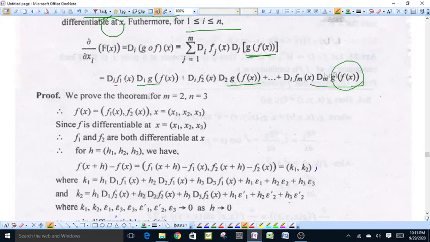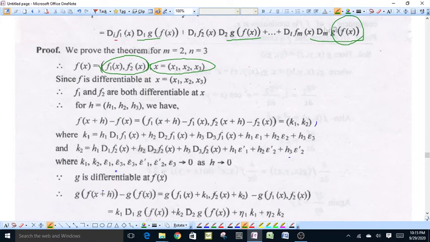Now we prove this theorem for m equal to 2 and n equal to 3. Let us suppose that f is equal to (f1(x), f2(x)), that is we have two functions and three variables, x is equal to (x1, x2, x3).